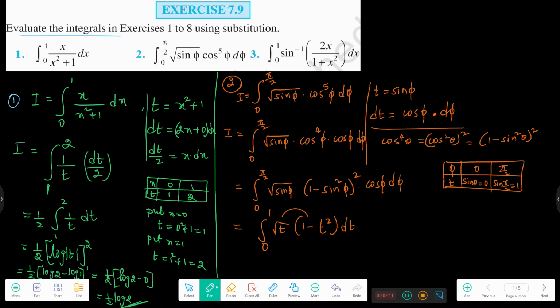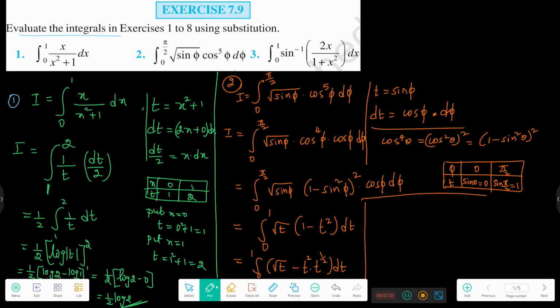Now take the root theta, multiply inside. So integral 0 to 1, 1 into root t minus t square into root t square. Root t in the sense t power 1 by 2, you can write into dt. Okay.